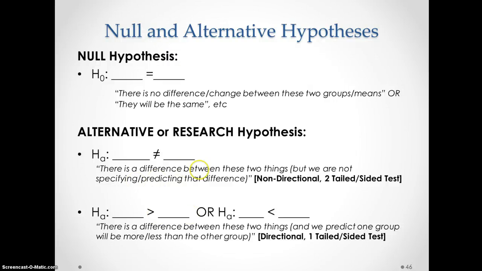In that case, we would use this non-directional one here. And finally, what we probably are hoping in this case is that the new cool way is going to result in a mean score higher than the other group. In that case, we would use a greater than or less than, depending on which place we wrote our groups.